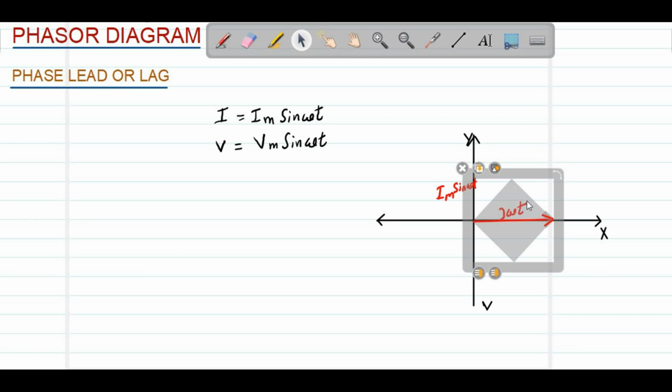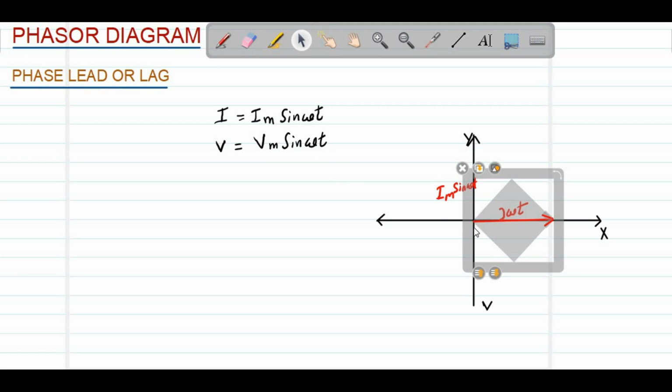So what we can see here is, when this phasor rotates through 360 degrees, the value of I initially increases from 0 to maximum Im in the first 90 degrees, then again starts decreasing. When it becomes 180 degrees, the instantaneous value of current I becomes 0.